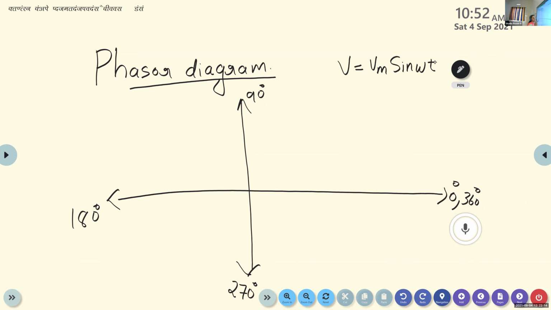That is, the EMF is deviated from the origin by an angle of omega t. So this represents V is equal to Vm sin omega t. Then what about the value of current?